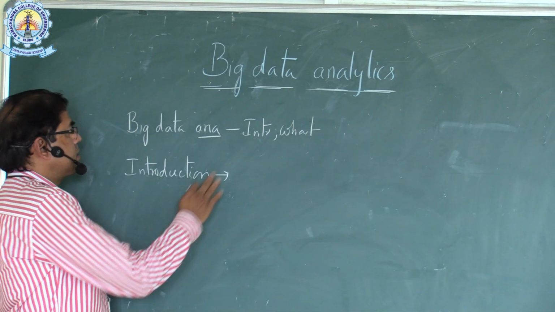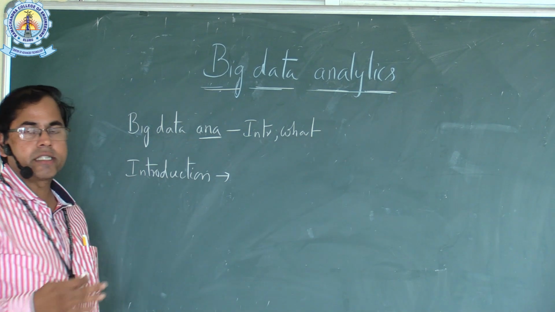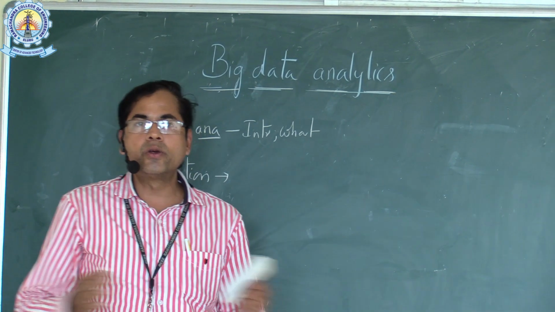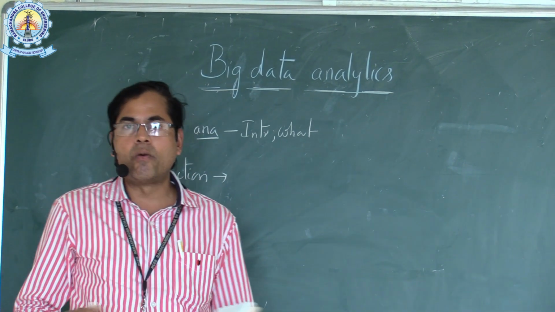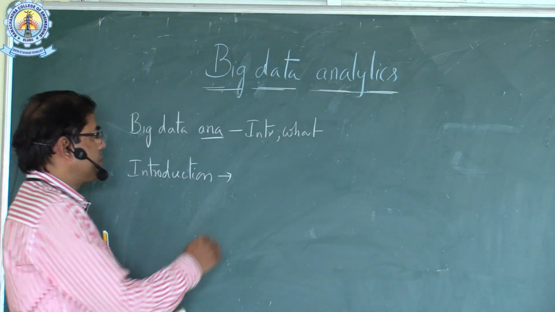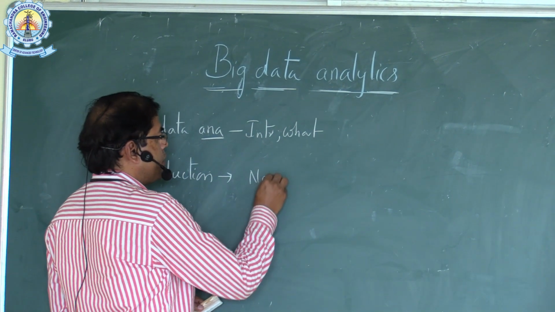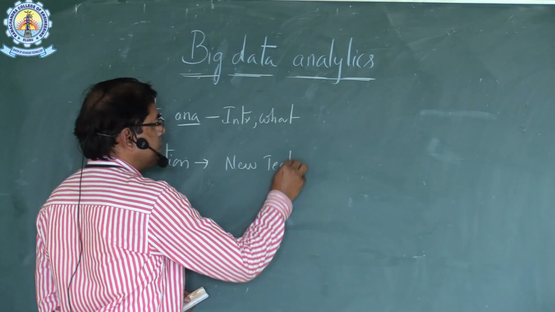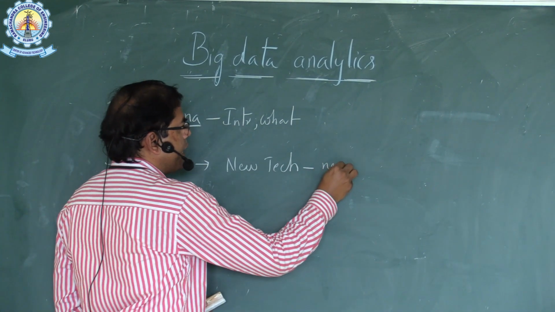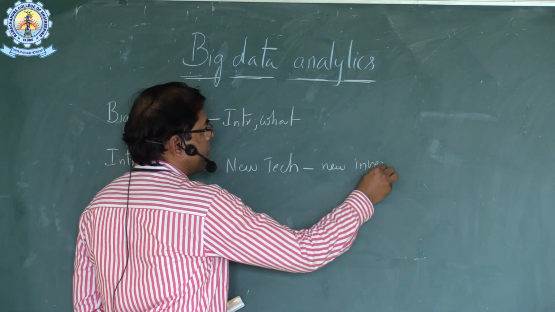Prior to going into big data analytics, let us discuss how this huge data comes into the world. With the advantage of new technologies, many new inventions are happening throughout the world.